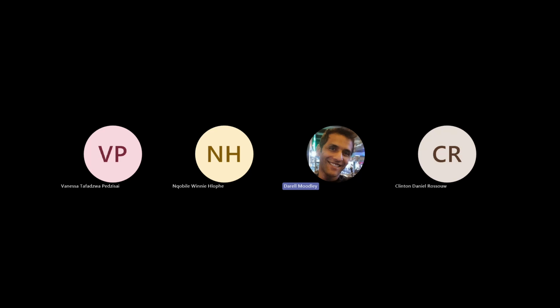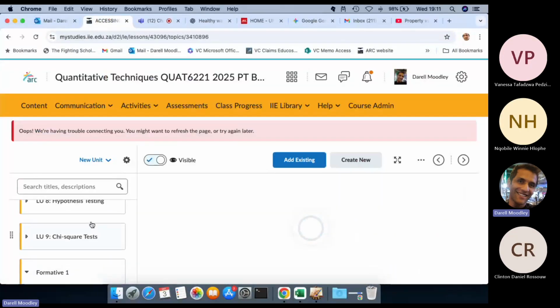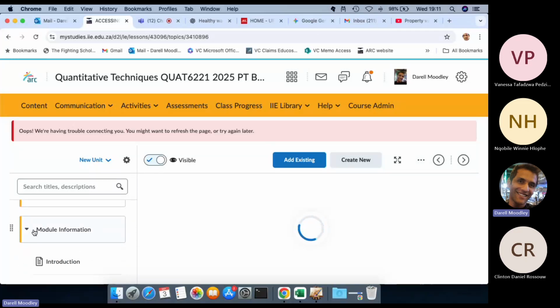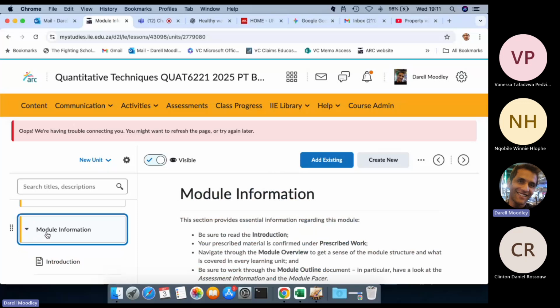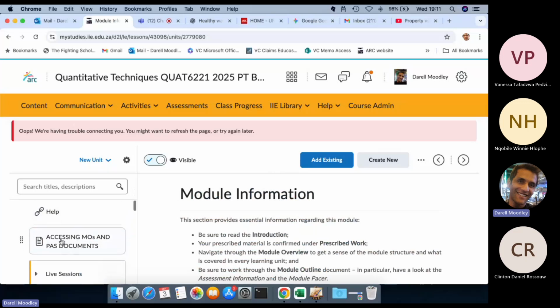Let me just share my screen, because I've given you the links to get to your module outline. If you go to ARC, on the left under the content, you'll see module information. If you click on module information and scroll down, you'll see a page that says accessing MOs, module outline, and your PAS documents.